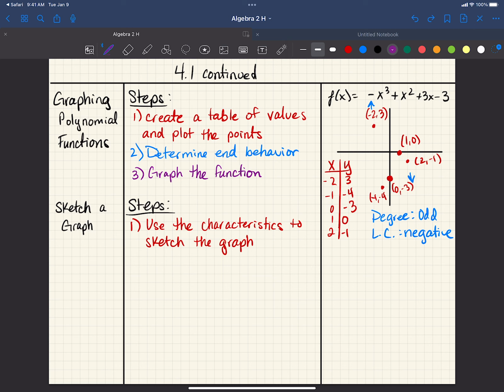Maybe I can cheat and make it look a little bit better. Let's see. Nope. All right. So there it is. There's my function. Looks great, right? And that's pretty much it. That's how I'm going to graph it.